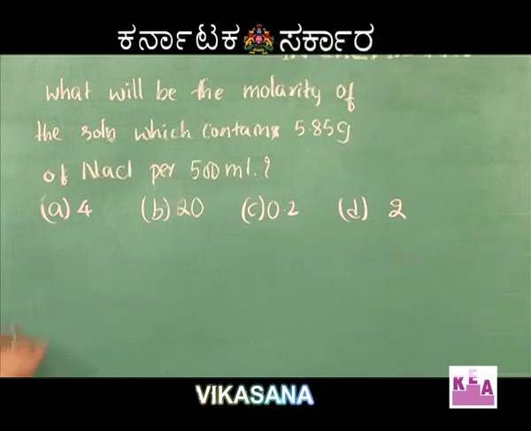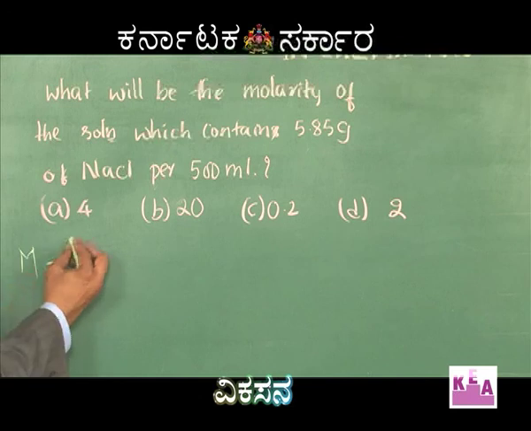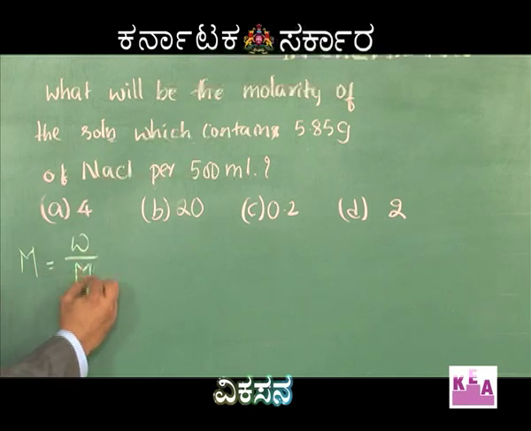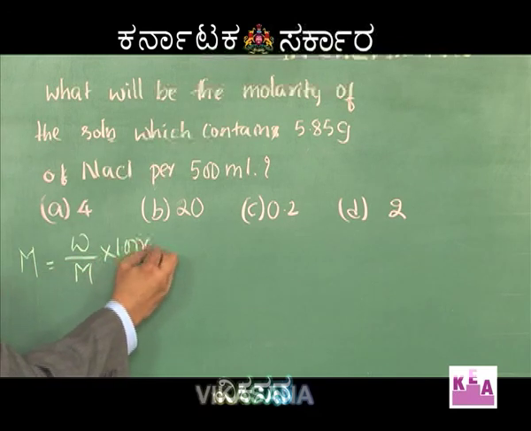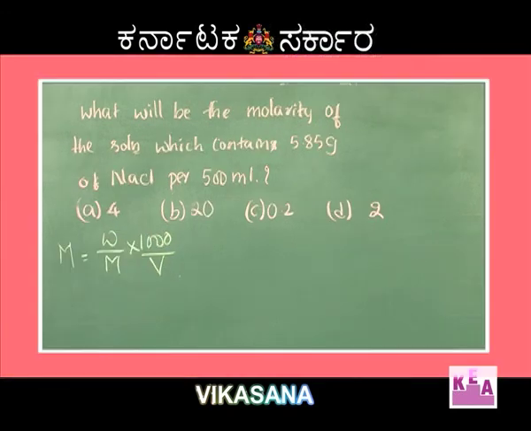To calculate molarity, the formula is molarity is equal to W by M into 1000 by V, where W is mass of the solute, M is molecular mass of the solute, V is volume in milliliters. Supposing the volume is given in liter, then it will be W by M into 1 by V.